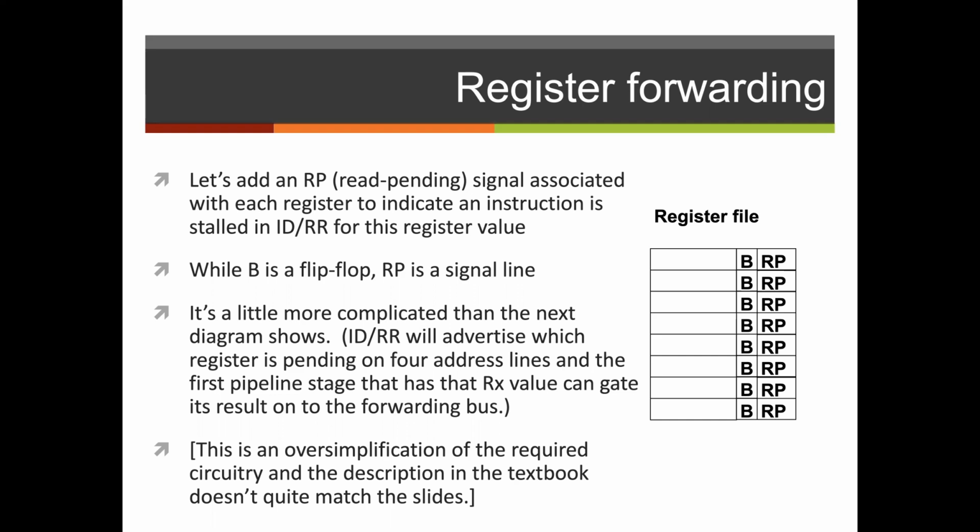And so once it's set, the other stages in our pipeline, execute, memory, and WB, can generate a new value that gets supplied to the ID and RR stage. So this can introduce a little bit more complexity in terms of hardware, but it allows for a reduction in possible bubbles within our data path. And so once the instruction reaches the WB stage, the bit is cleared.